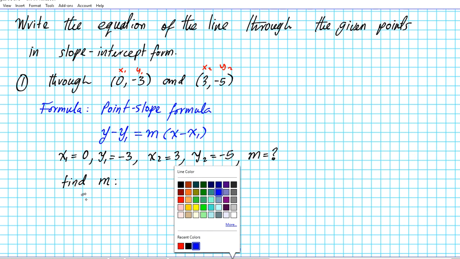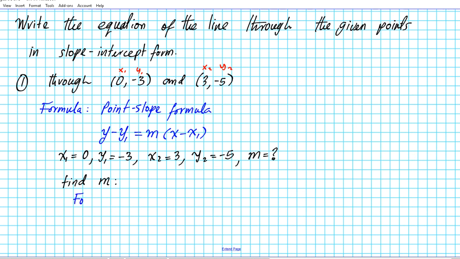Given 2 points, there is a formula that we can use to find m, and that is known as the slope formula. The slope formula is given by m equals the rise, which is y2 minus y1, or change in y, over the run, which is x2 minus x1.